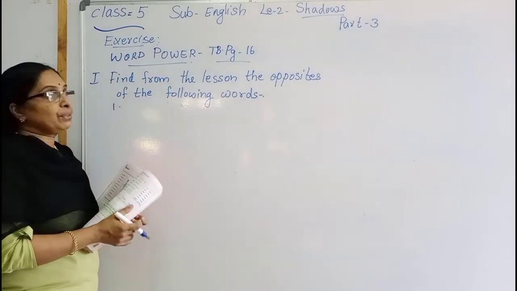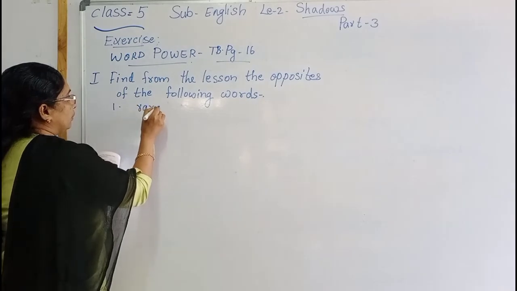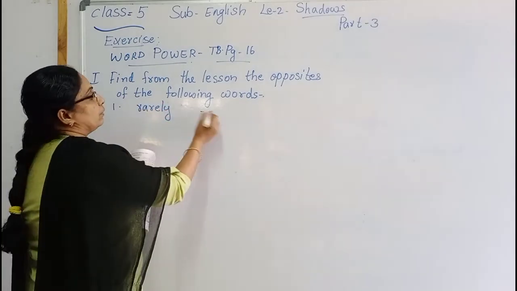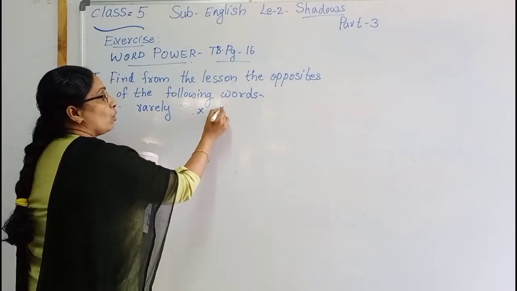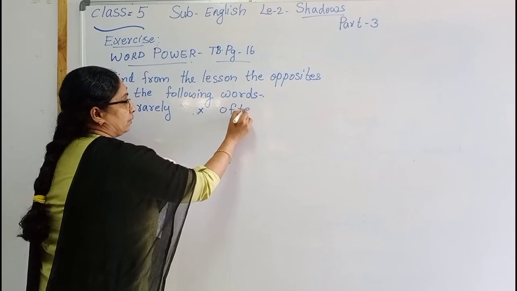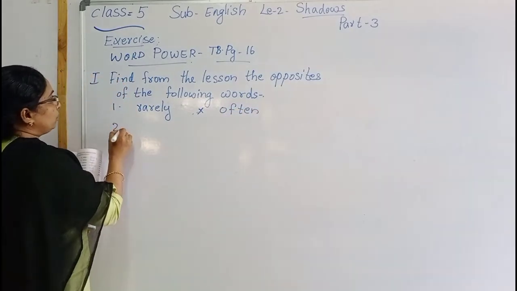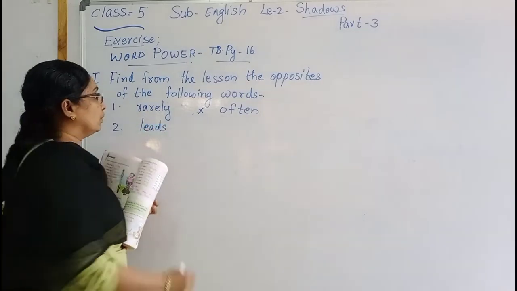Number 4, dull. Dull means bright. Number 5, together. Together opposite, alone. Number 6, inside. Inside opposite, outside.